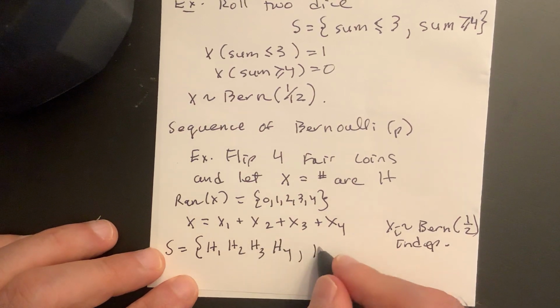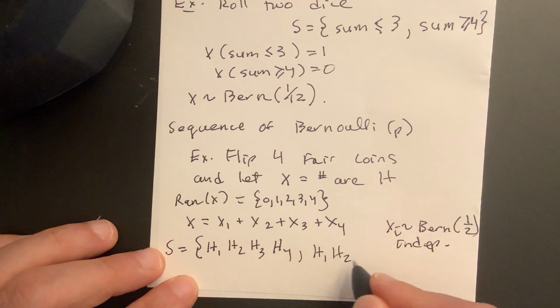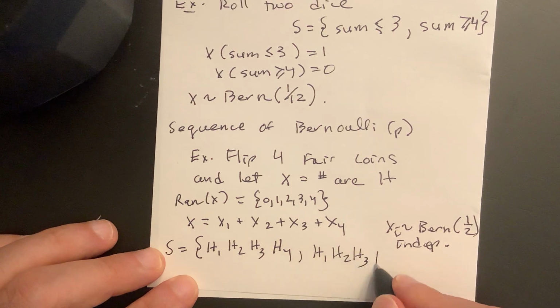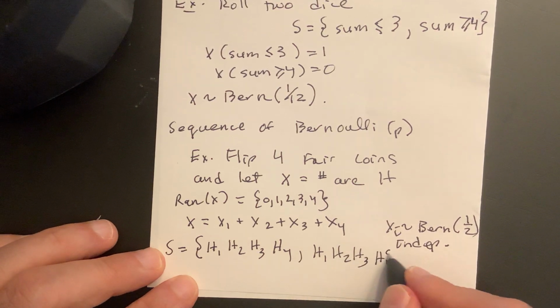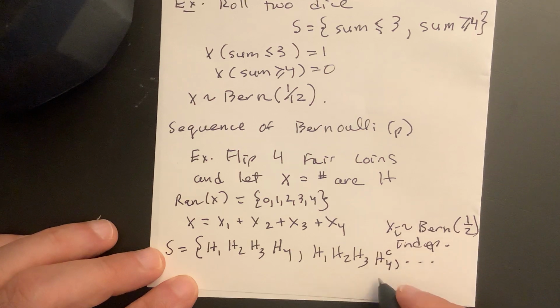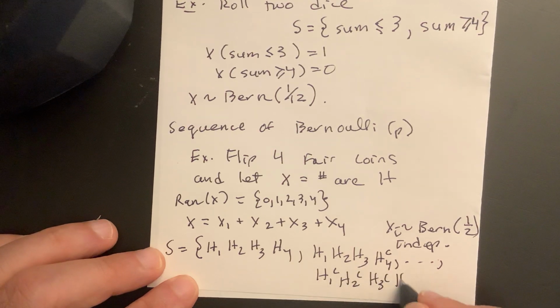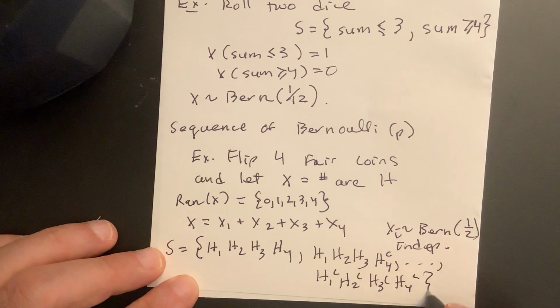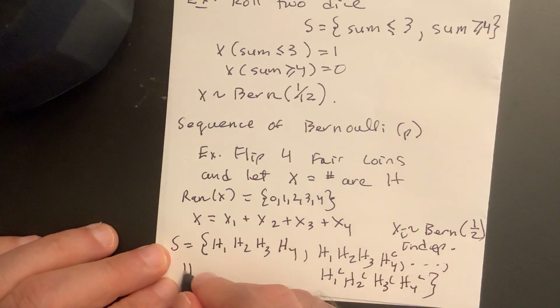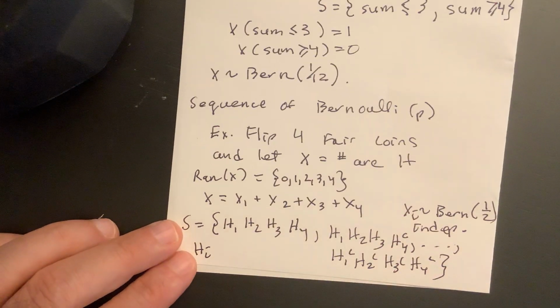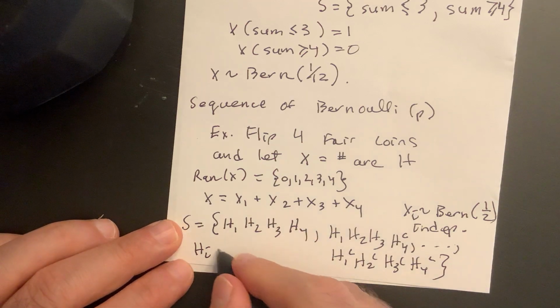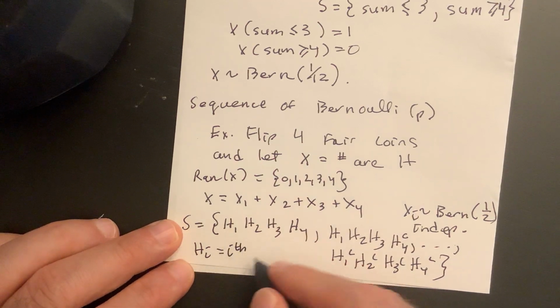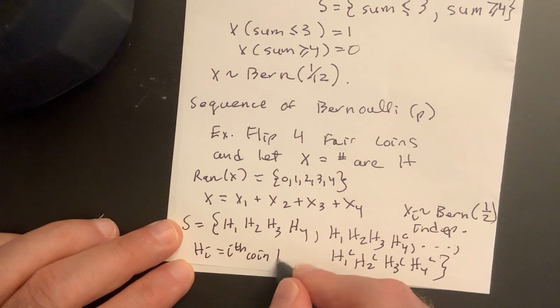Maybe the second one is H1, H2, H3, H4 complement, etc. Until maybe I have all tails here, H1 complement, H2 complement, H3 complement, H4 complement, where Hi is the outcome that coin i is heads.